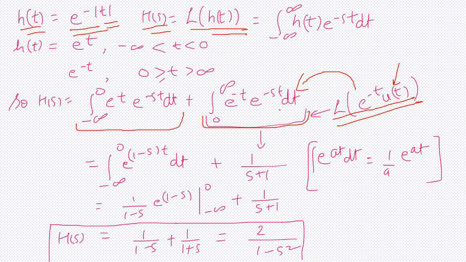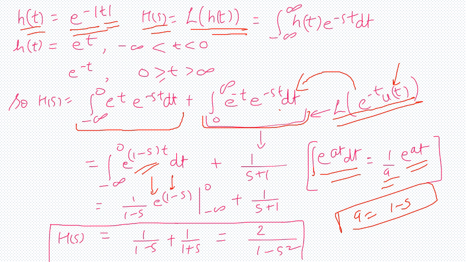So we first take both the exponentials together, and after that we use the property that the integration of e power at dt is e power at over a, where a here is 1 minus s. When you use that, you get this, and these are the limits we need to put.